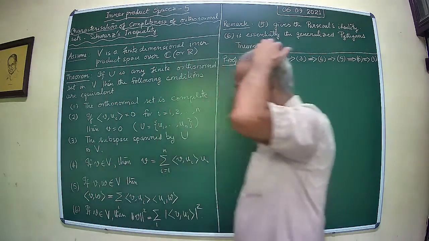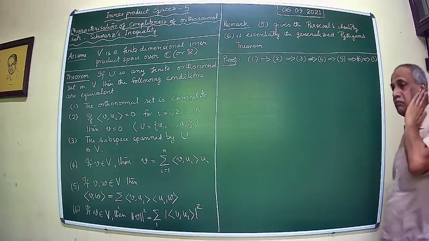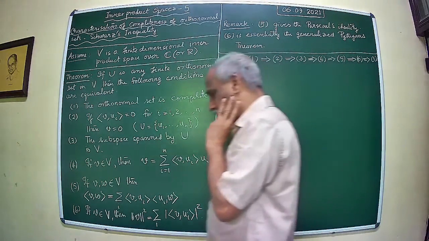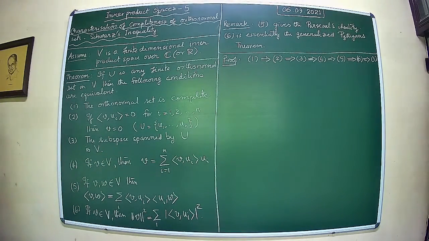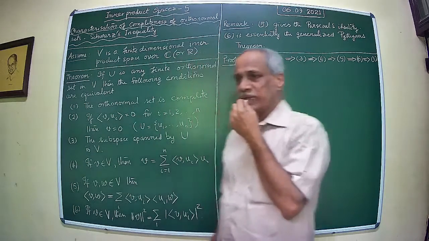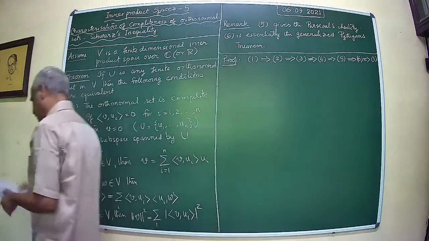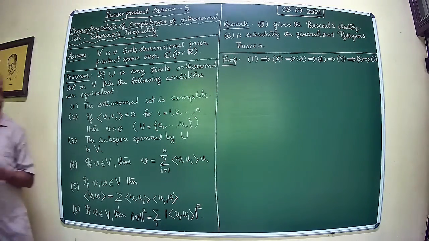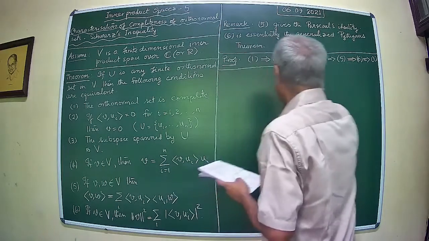So you prove these things in different forms. That depends on what is convenient, and where the proof becomes transparent and simple. So let us start working on this. So this is the strategy.